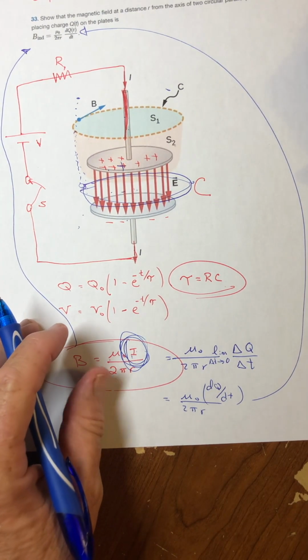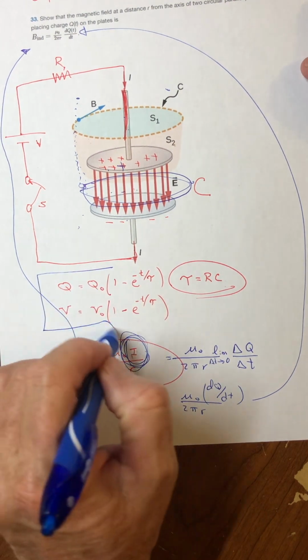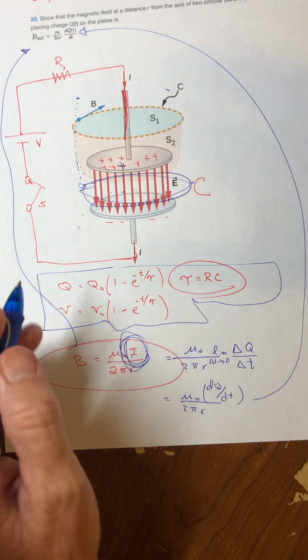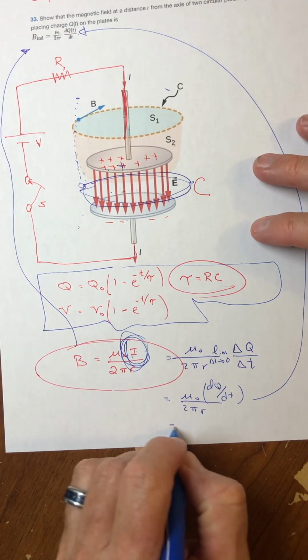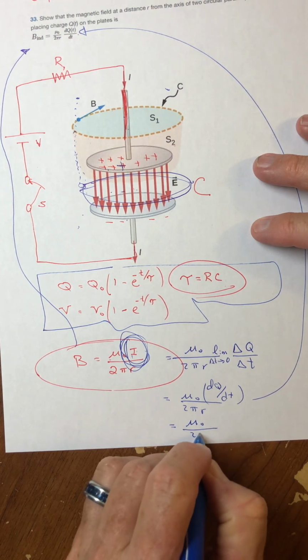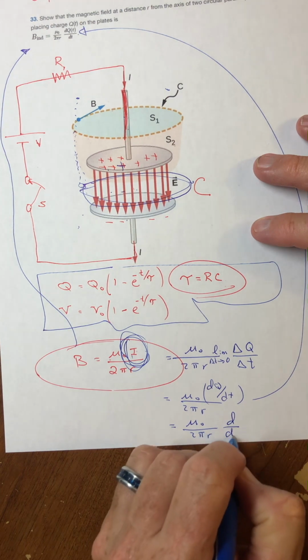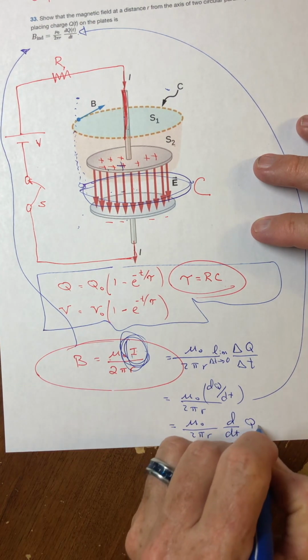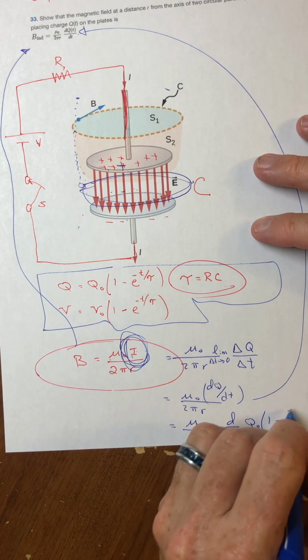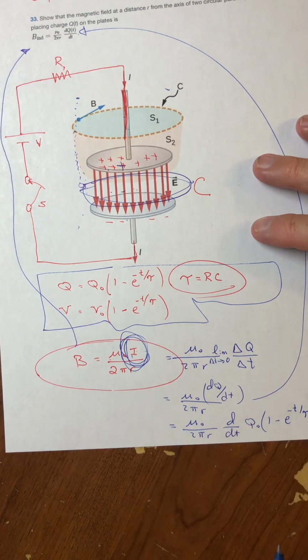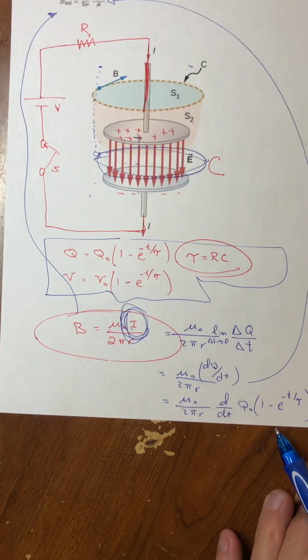Nothing big. I guess we don't even really need this, but if we wanted to go one step further, we could put this in and say we know how the charge changes with time. It's going to be some maximum charge and then has this rate of change.